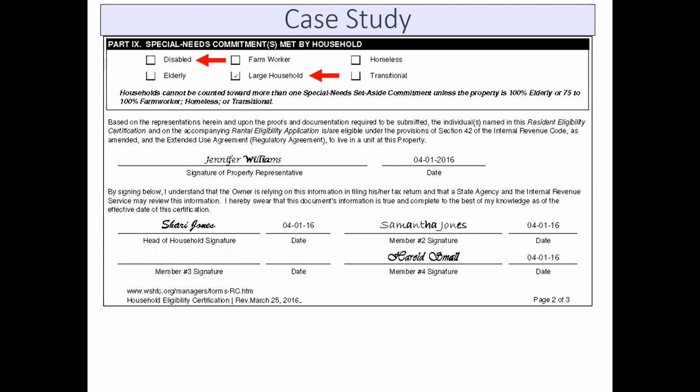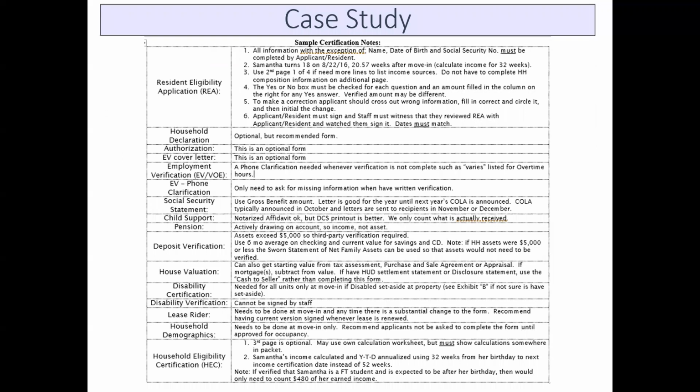The reason we recommend it on a move-in is, sometimes you're doing the documentation with the household quite a month or maybe more before they're actually moving in. So it's really nice on the day they come to move in, when you're signing the lease, you verify with them that none of their income has changed and have them sign off on the HEC at that point in time.